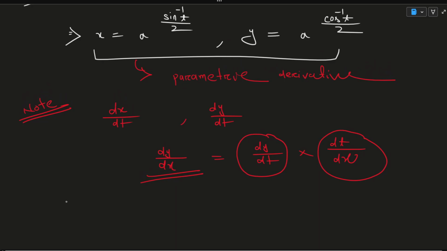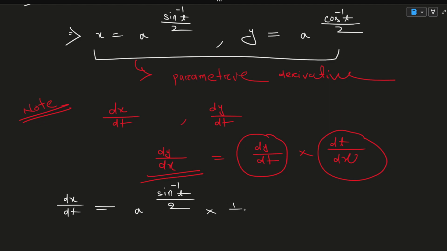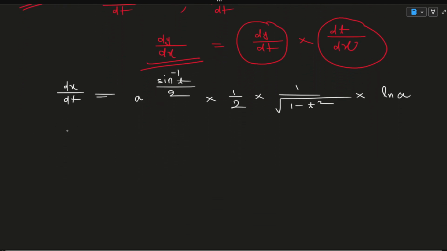It will be a to the power sine inverse t by 2 into... okay, here I have missed one thing, that should be ln a. Now I have applied it here.